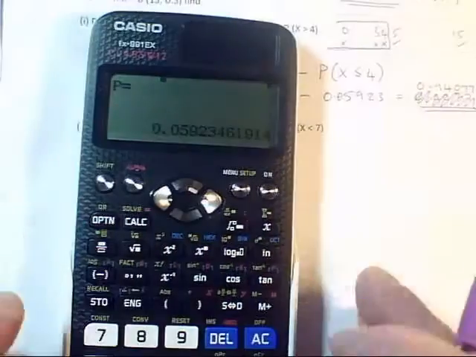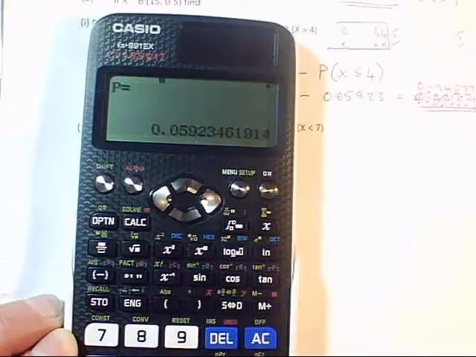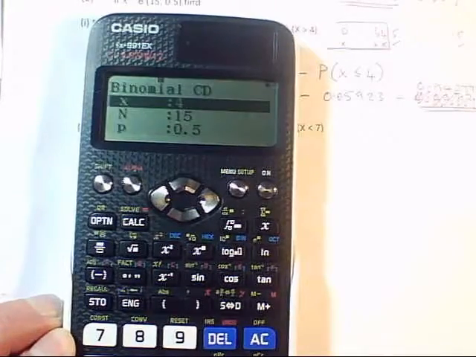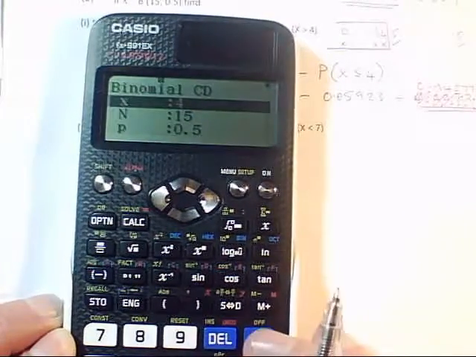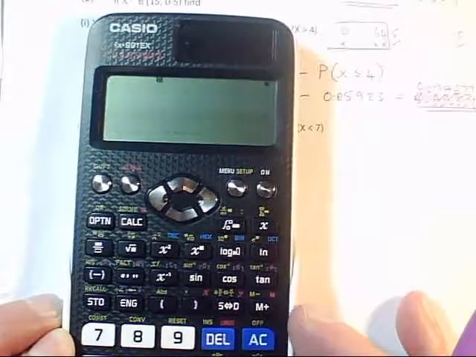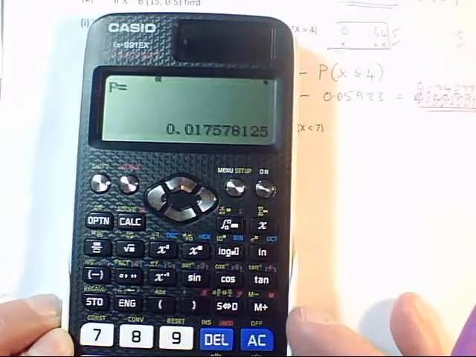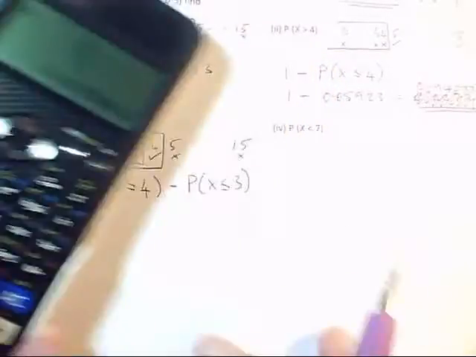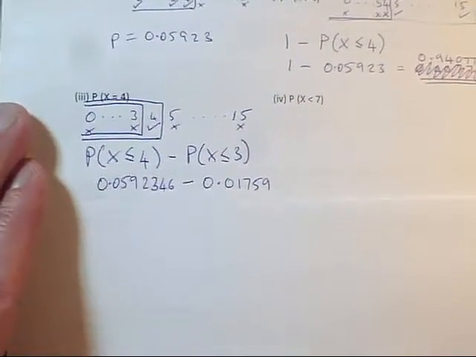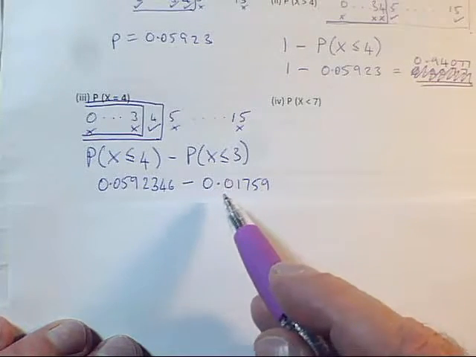Okay, so it's still there on my calculator. It was that one. And I can now go back and find the probability of being less than or equal to 3. So the only change I need to make is that I need to go up to 3 instead of 4. So if I press 3 and equals, then I get this probability of 0.017578. So I've got to do that subtraction, my previous answer, okay, and here's my probability of being less than or equal to 3.